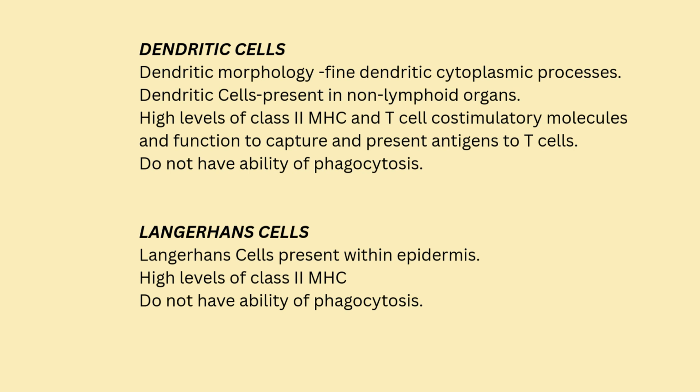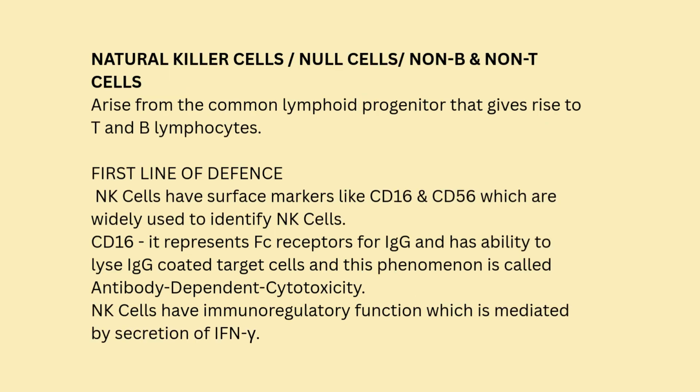They do not have any ability of phagocytosis. Langerhans cells, on the other hand, are present within the epidermis. They have high levels of class 2 MHC and again do not have the ability of phagocytosis. Talking about the immune cells, we spoke about T lymphocytes, B lymphocytes, Langerhans cells and dendritic cells.